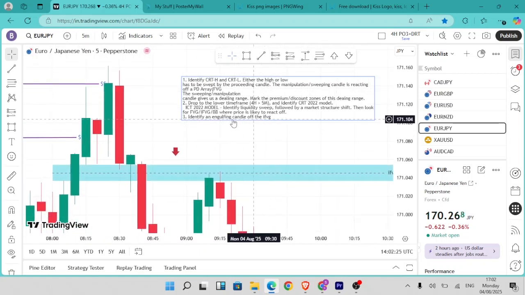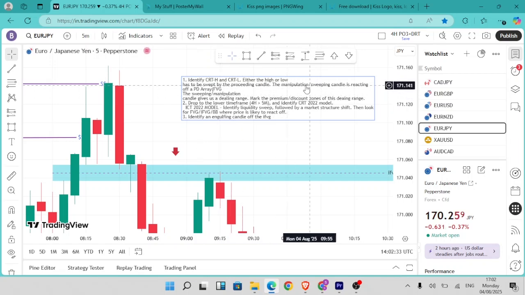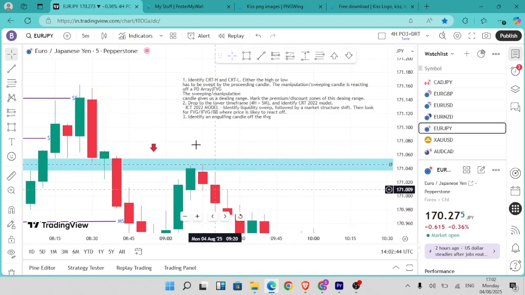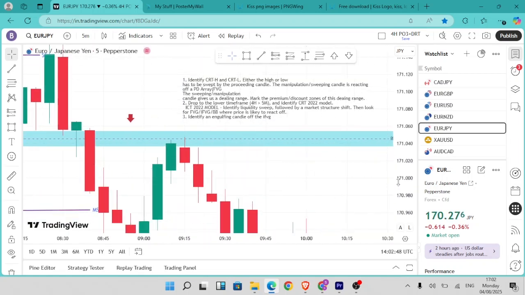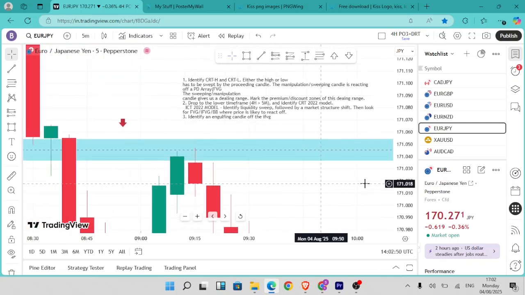This step number 3 is mimicking this step number 1 right here, where we get a dealing range, right? A dealing range from the engulfing candle outside the fair value gap. Price is fractal.